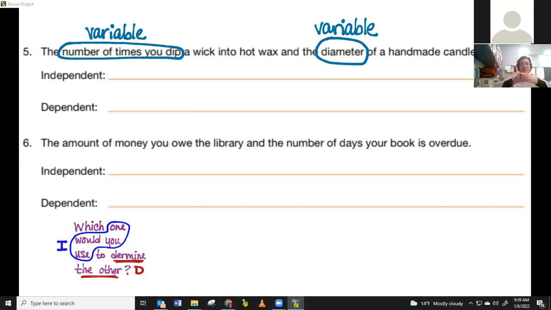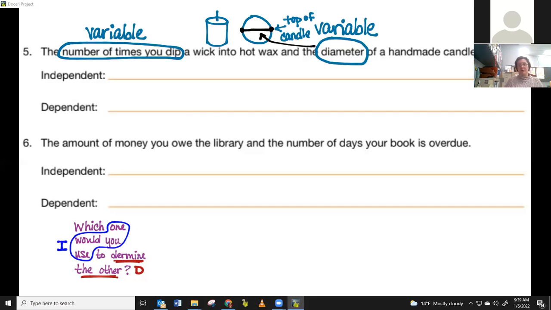Outside, yeah. Diameter is going to be like, if I'm looking down at the top of this candle, so if this is the candle, and if this is the top of the candle, the diameter is the widest part.